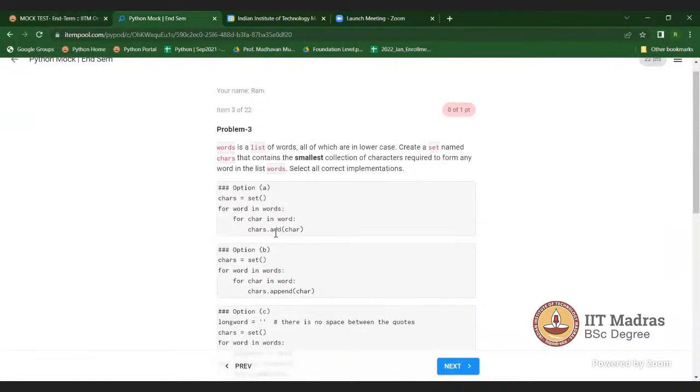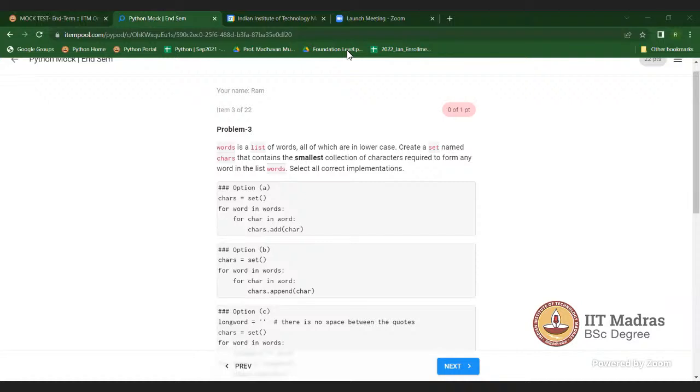Yes. Okay. So the list of words, it says: create a set named chars that contains the smallest collection of characters required to form any word in the list. It is basically like, let's say we have 93 people here in the Zoom call.